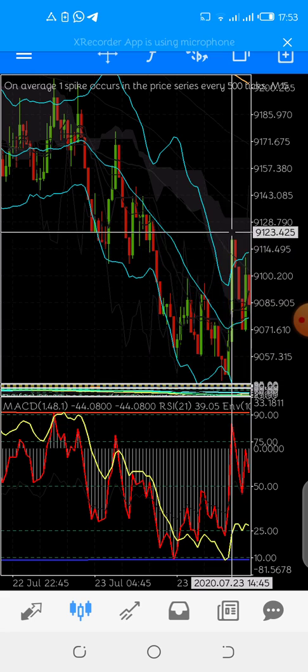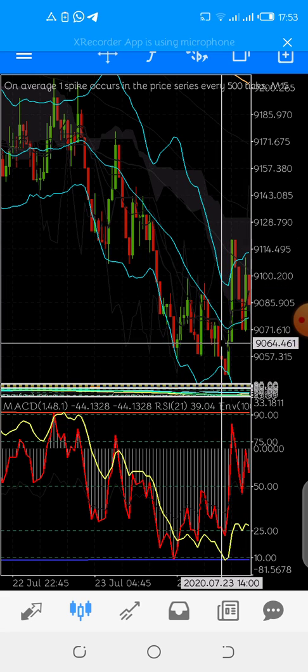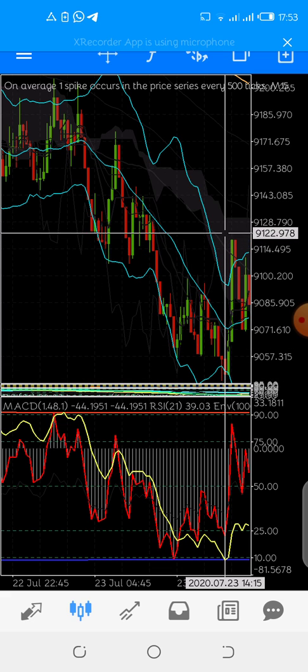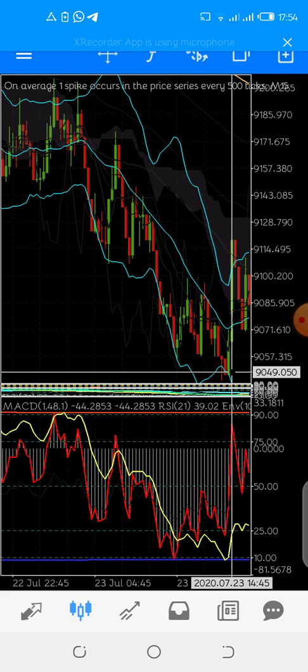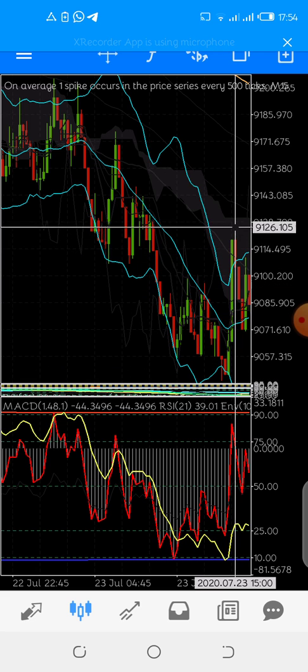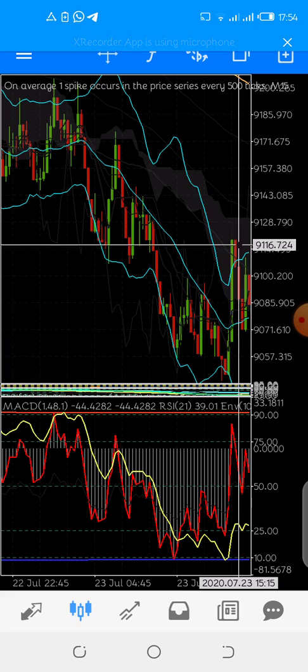But again, as I told you, I never love to place a trade when the Bollinger Band is very small. Yes, you will get a few pips, and it will never go past this area, so it will just spike out of the Bollinger Band a bit, and then it will come back into the Bollinger Band. So yeah, there was room for this, but you will always know that it will be within the range. It will not go far out of the Bollinger Band.